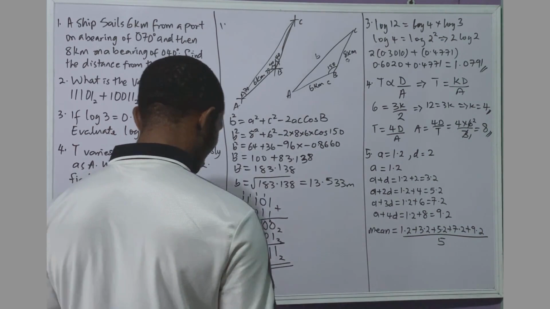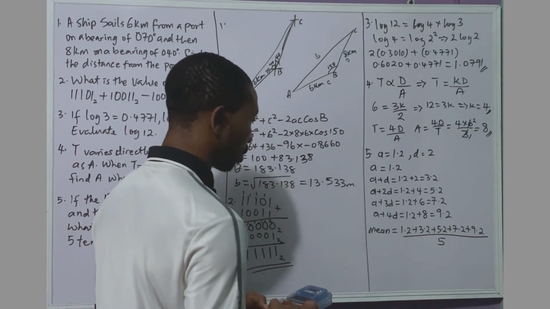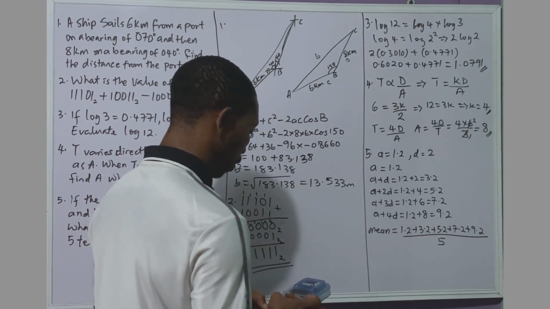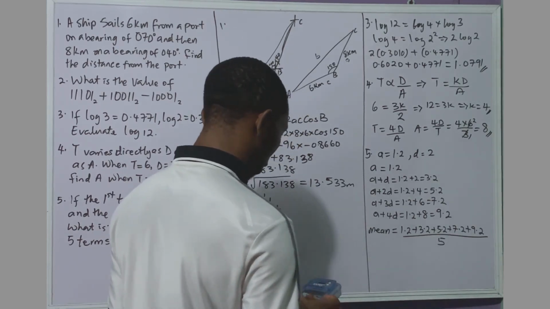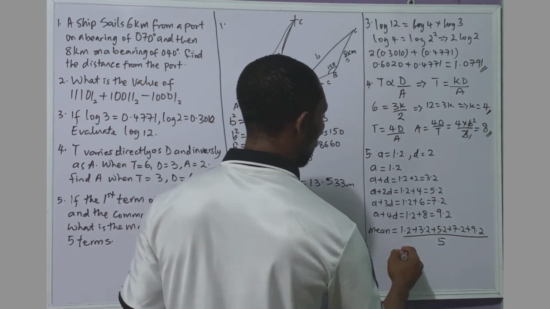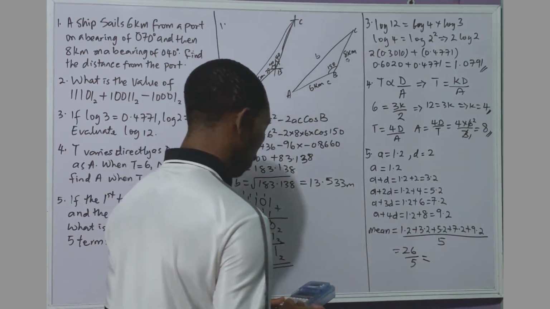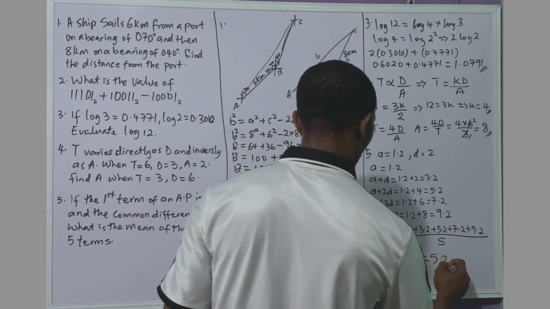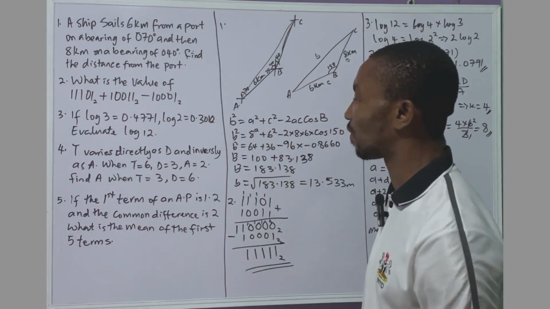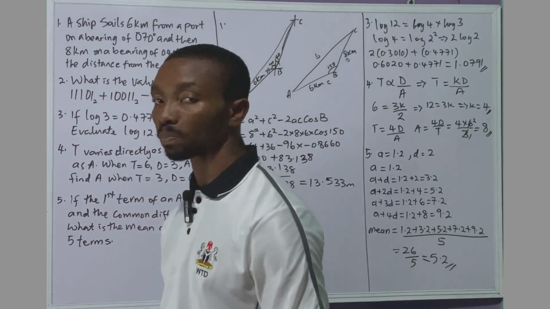So that gives us 26 over 5. So 26 divided by 5 would give us 5.2. So the mean of the first 5 terms in this AP would be 5.2.